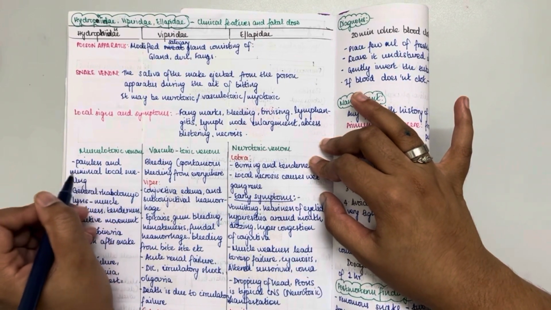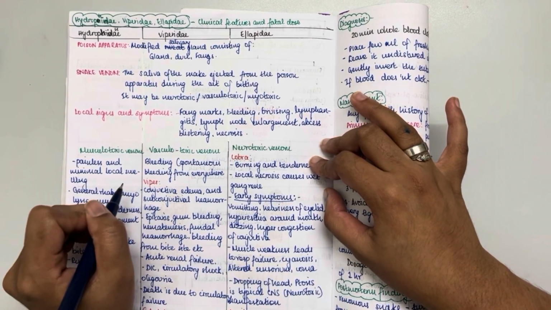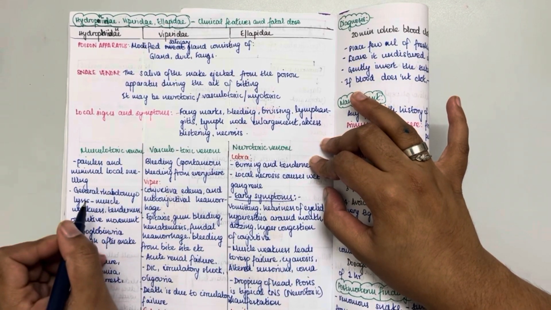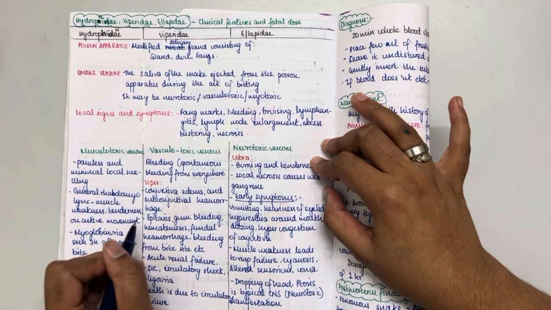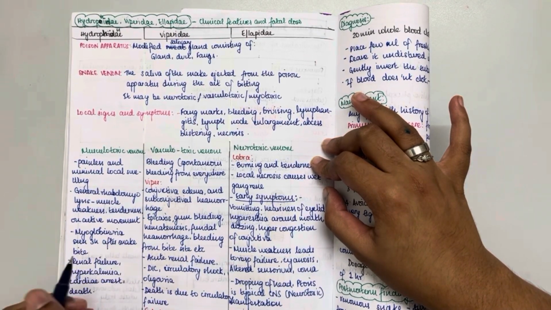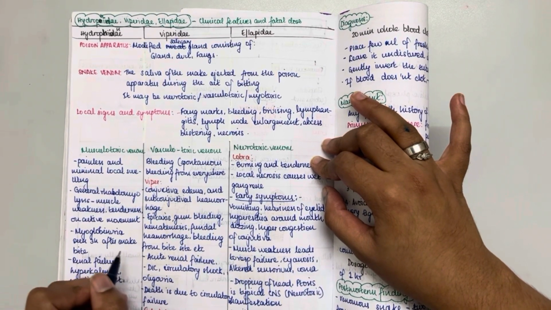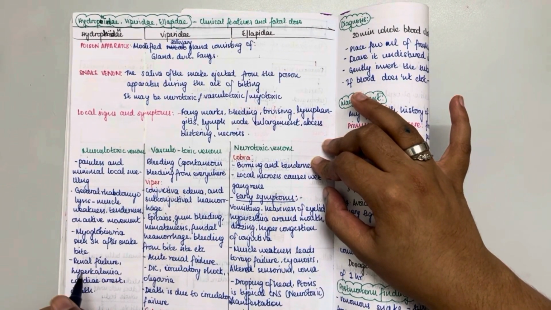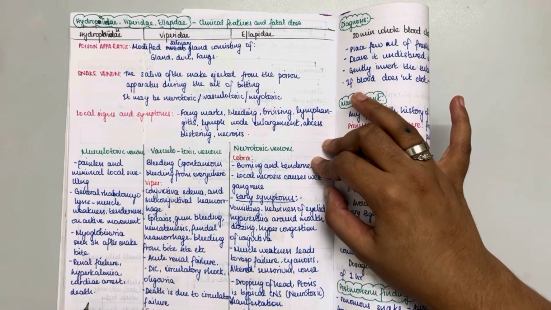So the site of bite is going to be painless and have minimal local swelling, generalized rhabdomyolysis, muscular weakness, tenderness on active movement. Next, myoglobinuria seen after 3 hours of snake bite, renal failure, hyperkalemia, cardiac arrest and death.